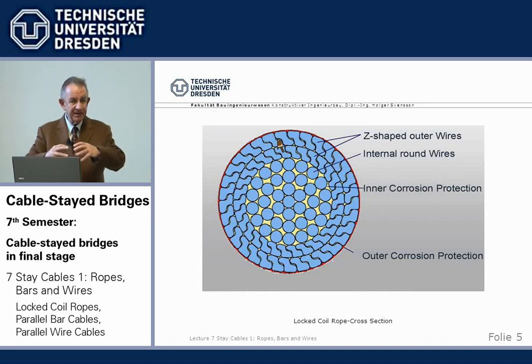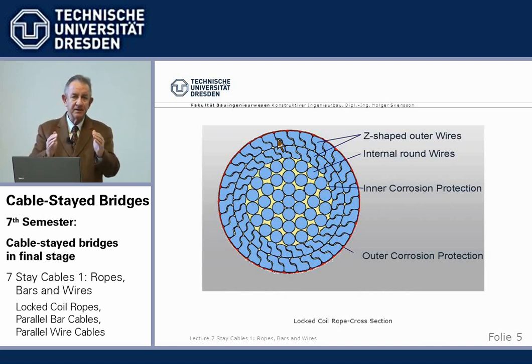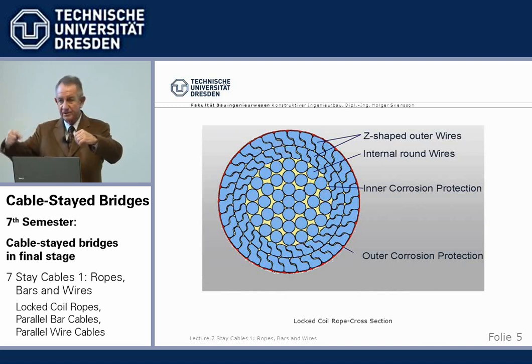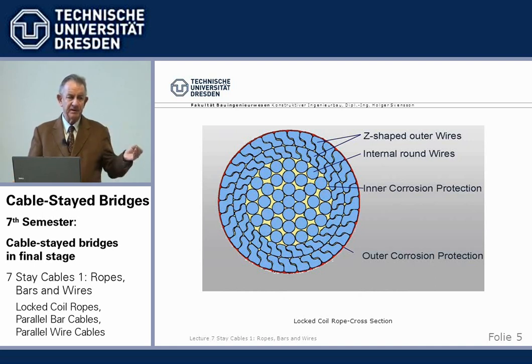And by that, a locked surface is created, which prevents penetration of water and so on. And that's why they are called locked coil ropes. They are coiled, helically wound, and they have a locked surface. It's quite an ingenious system, which, I repeat, in Germany works very well.